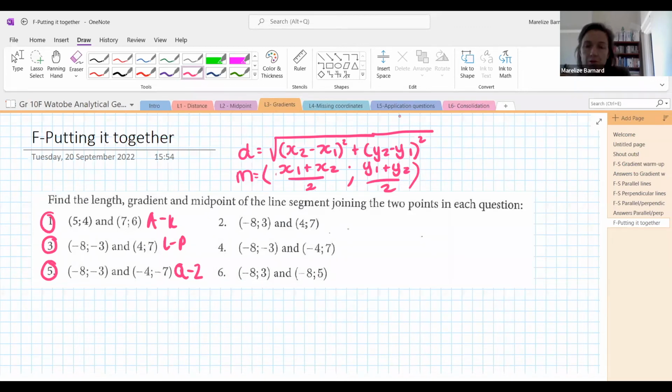So if you're talking about the formula, that's the distance formula that you use to calculate the length of a line between two coordinates. And you are in the first group, so you're going to calculate length, gradient, and midpoint for those 2 points.